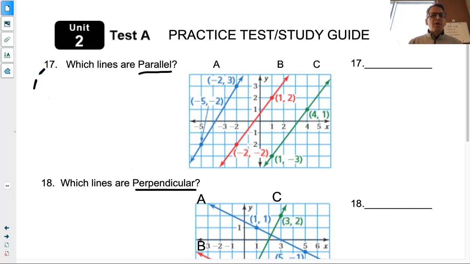We're going to find the perpendicular lines, parallel lines first, and that involves finding the slope of every single line, A, B, and C. And it seems like we have the slope for A is 5/3.